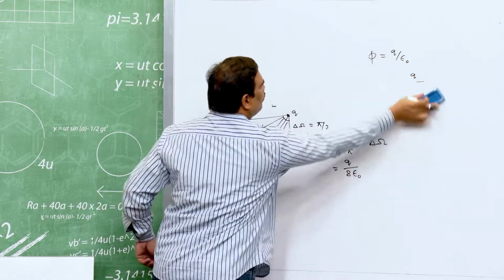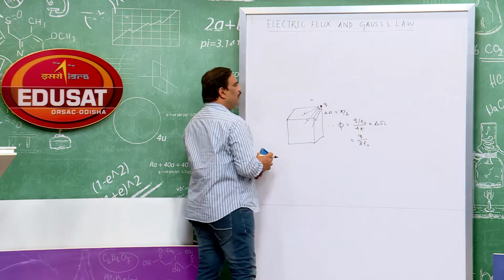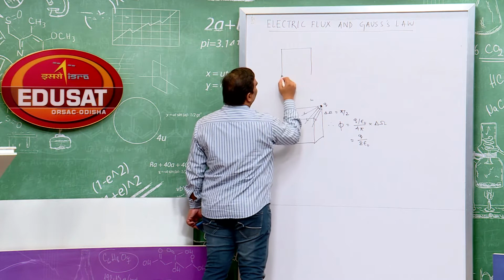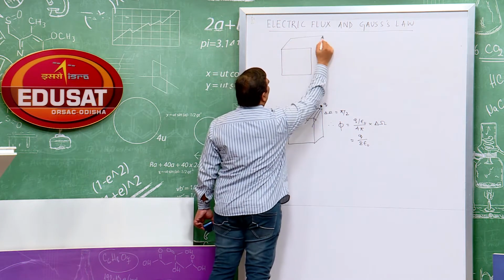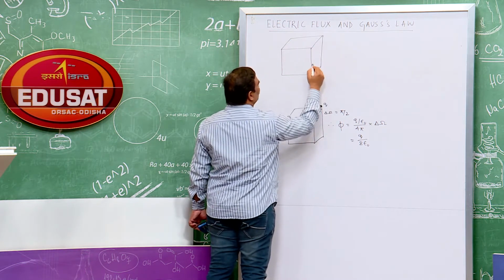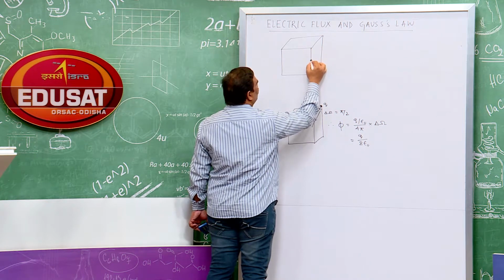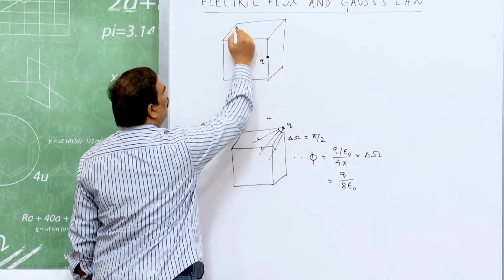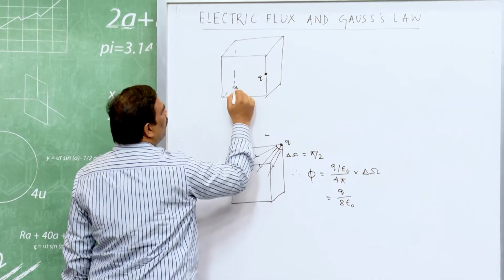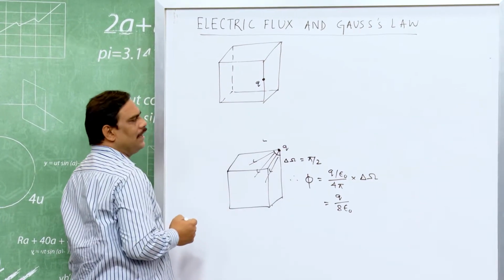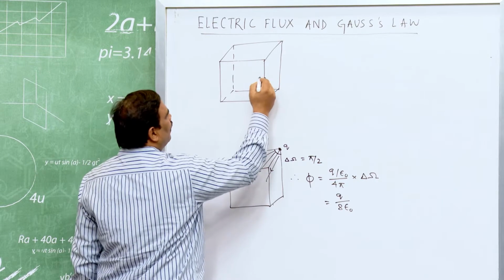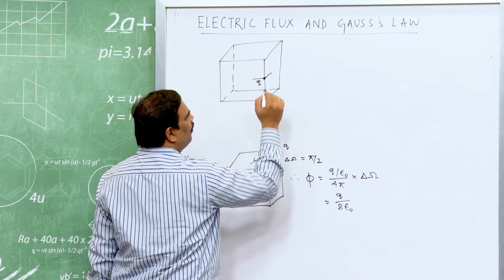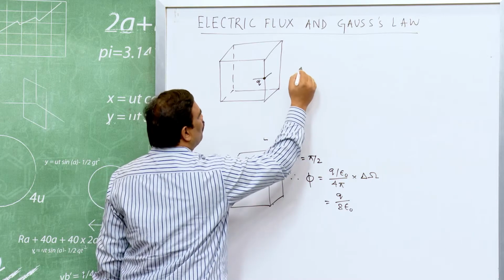Similarly, if the charge q is placed on any one side of the cube, then the solid angle formed at this side is obviously pi.